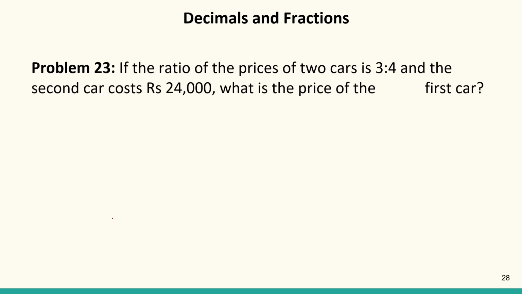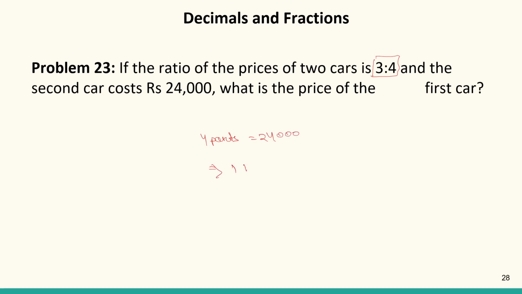Okay, so what problem number 23 asks us is, if the ratio of the prices of two cars is 3:4. Here the price of the first car is 3, then the price of the second car is 4. And the second car costs 24,000 rupees. Then what is the price of the first car? Here given that 4 parts is equal to 24,000.